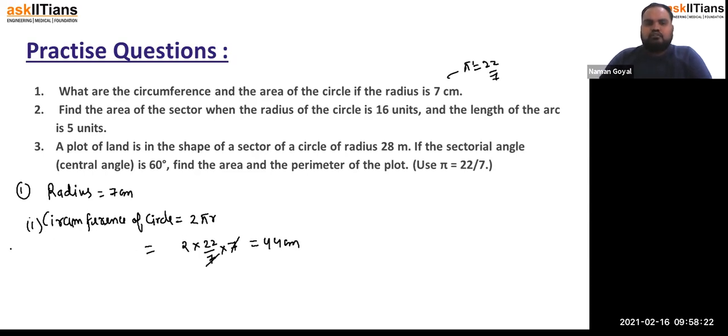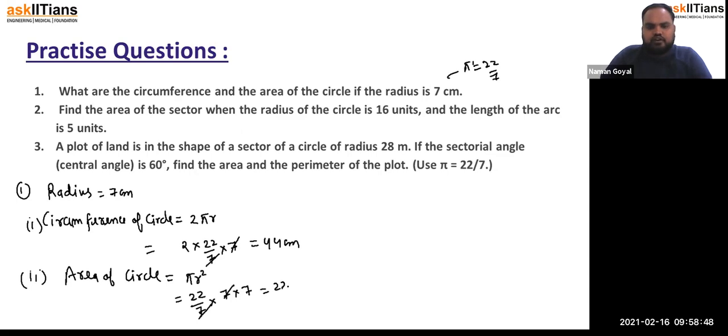Now the second thing, the question is asking for the area of that circle. Area of circle is pi r square. Again we can take pi as 22/7. R is 7 into 7. So the 7s cancel out each other.